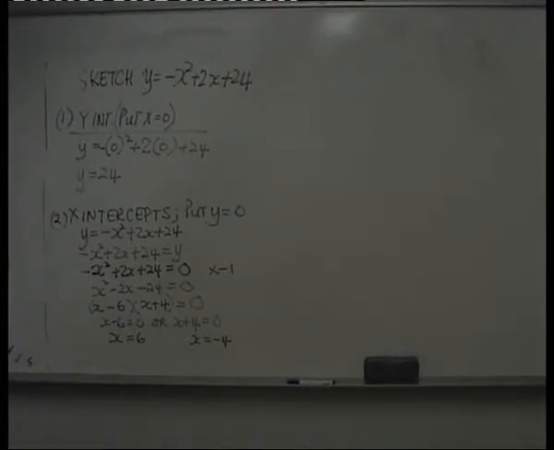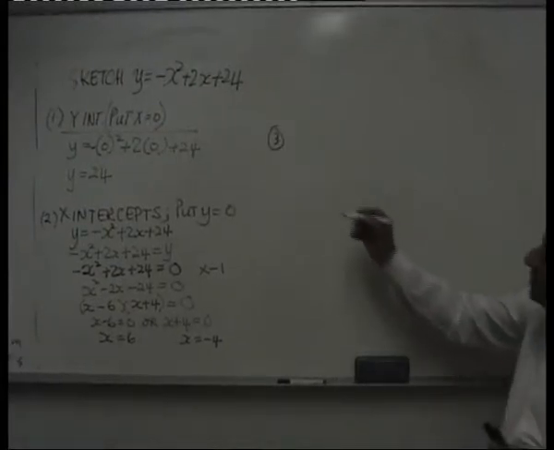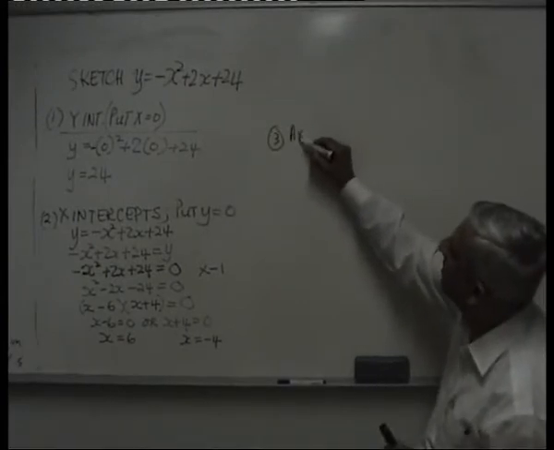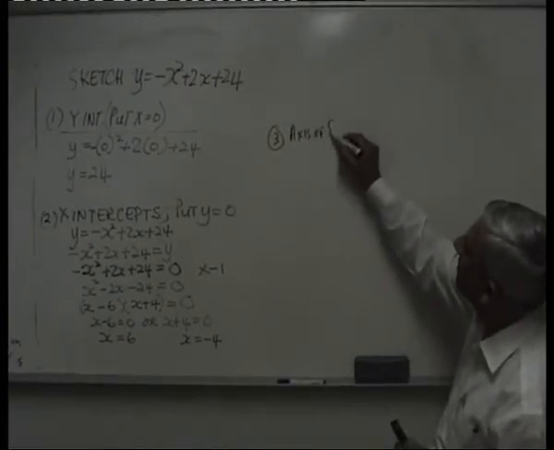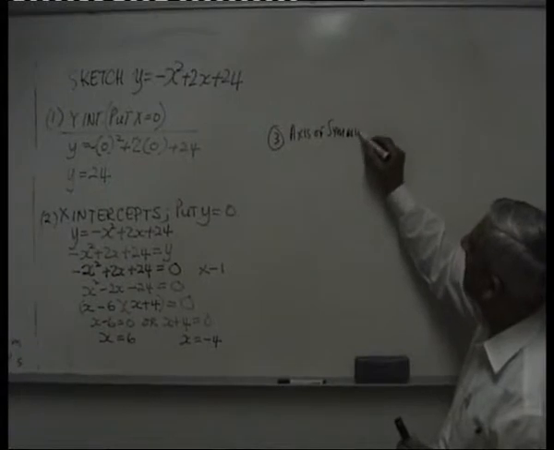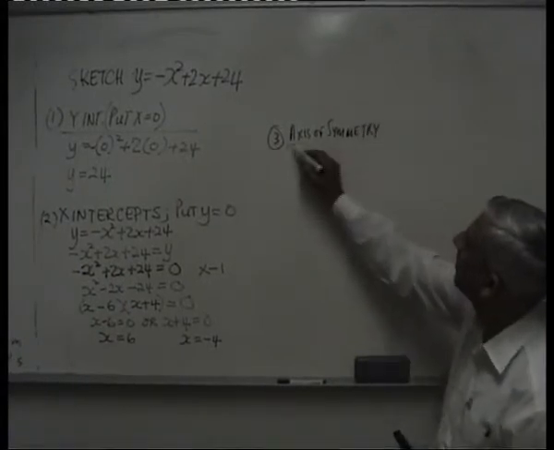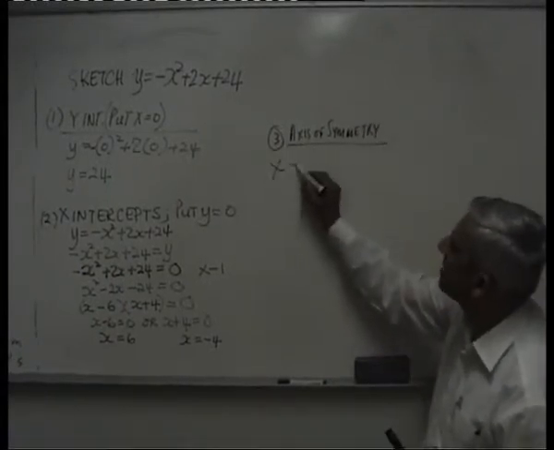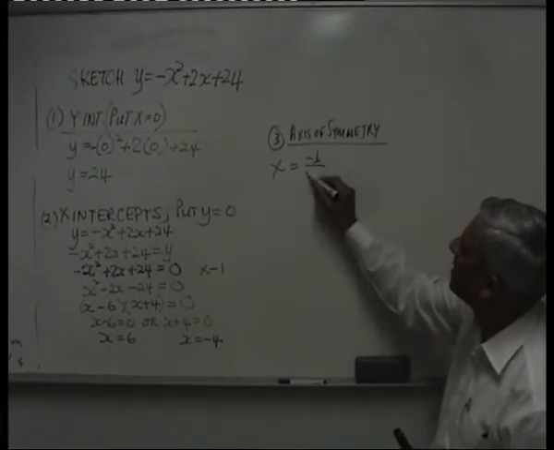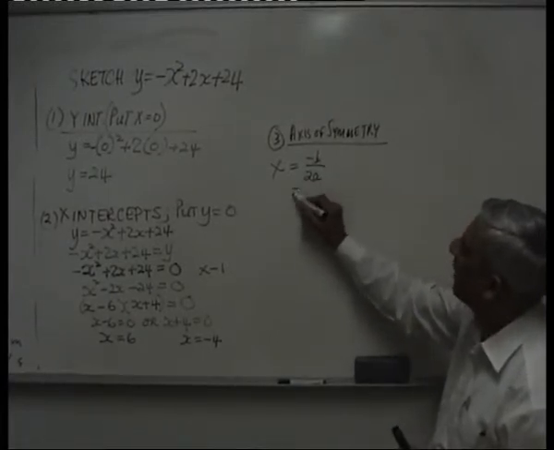Alright, now we're going to move on to find the axis of symmetry. So you say x is equal to minus b over 2a.